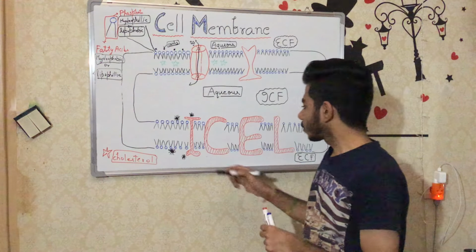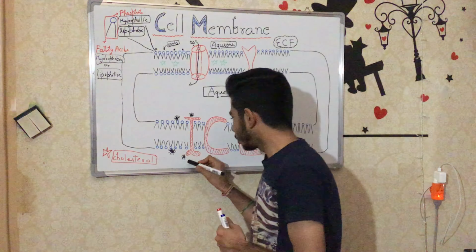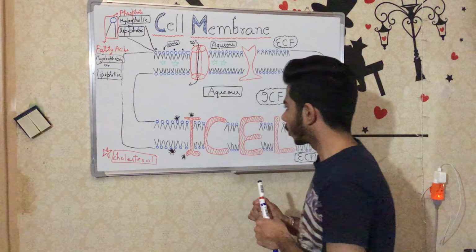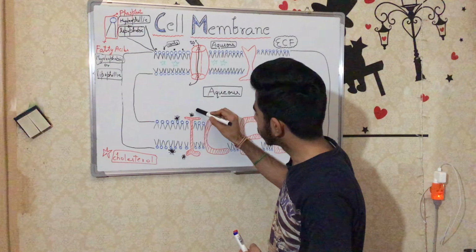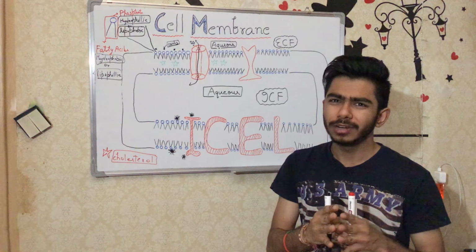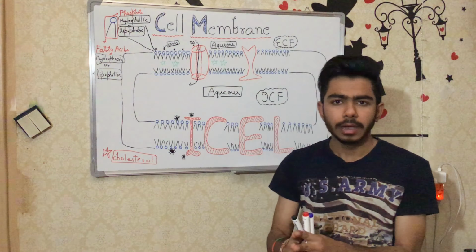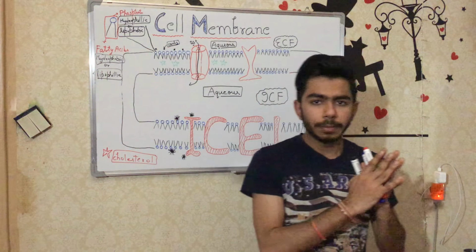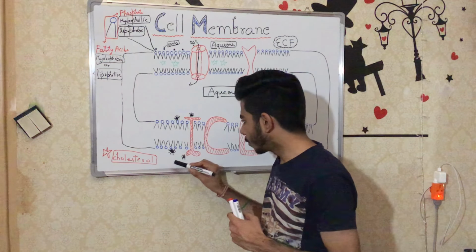Now, by the way, these star-shaped structures which are drawn over here, as I told you, associated proteins can be divided into two parts: integral proteins or transmembrane proteins, and the peripheral proteins. So these are the peripheral proteins.